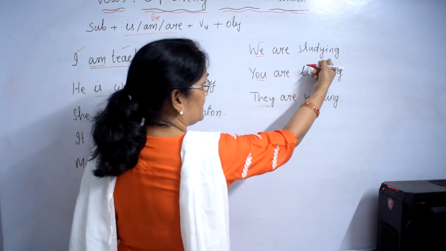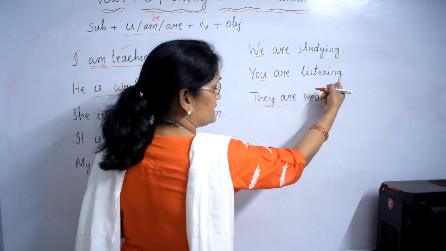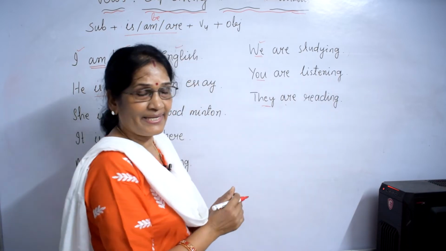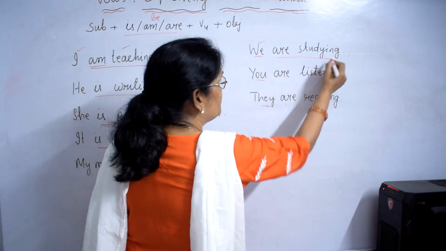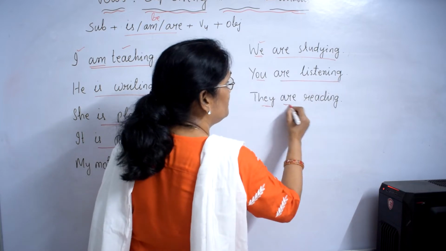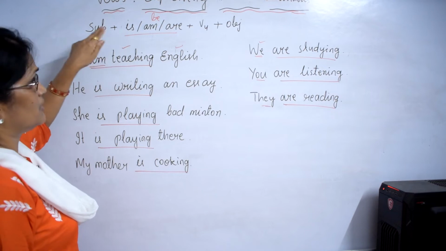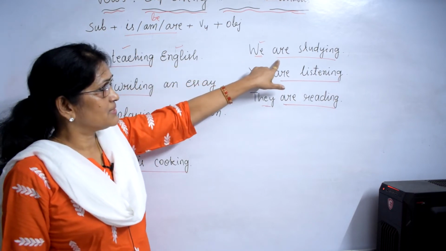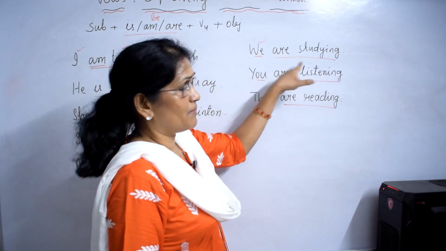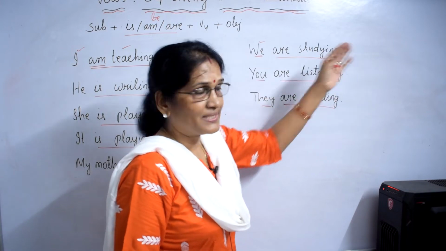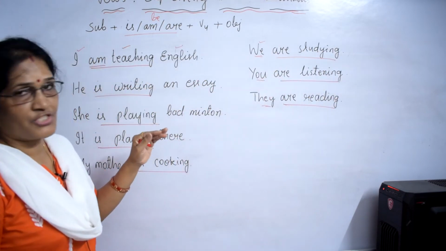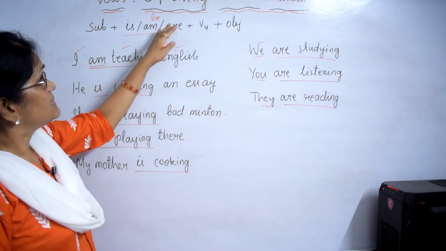We are studying, you are listening, they are reading. Be verb plus ing form of a verb. So this is the structure. Subject plus be verb plus ing form of a verb, then object. This is the construction of simple present continuous.